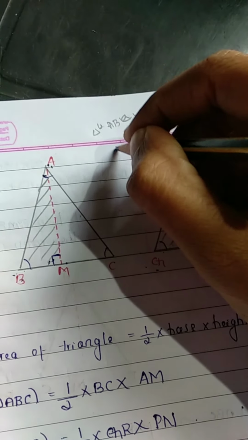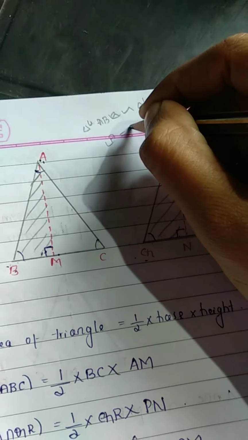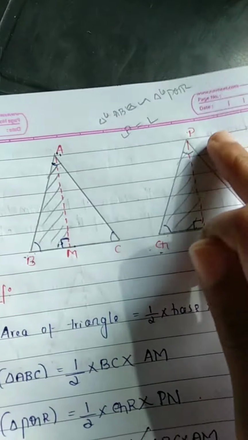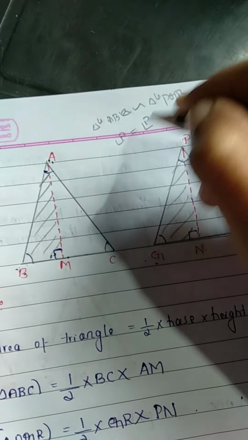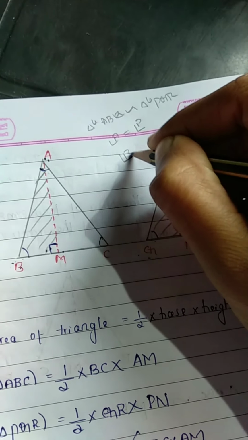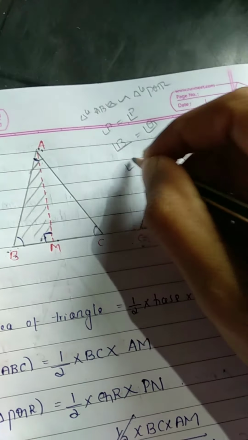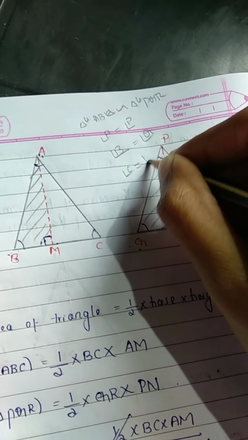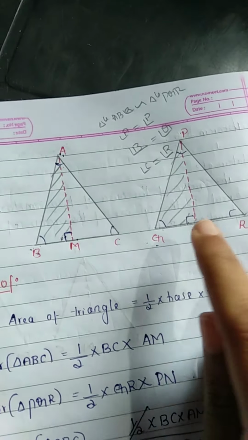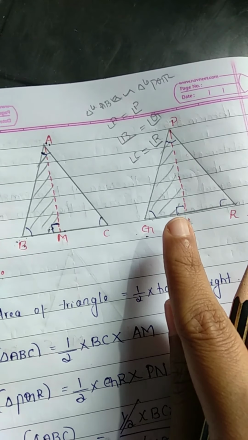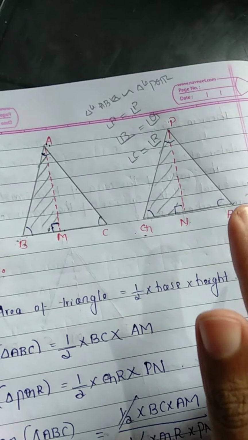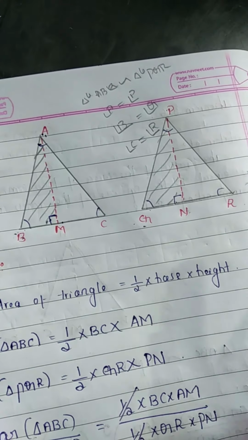It means corresponding angles are equal: angle A equal to angle P, angle B equal to angle Q, and angle C equal to angle R. So corresponding angles are equal and corresponding sides are in the same ratio.